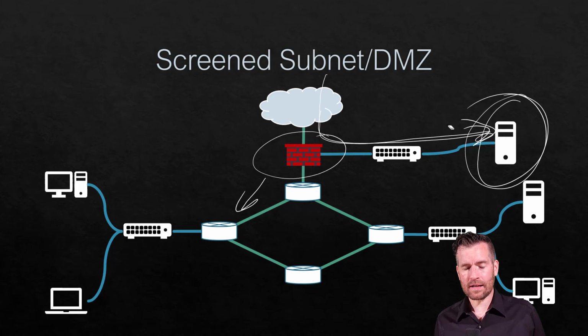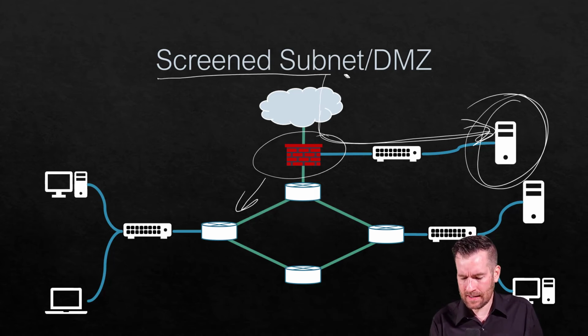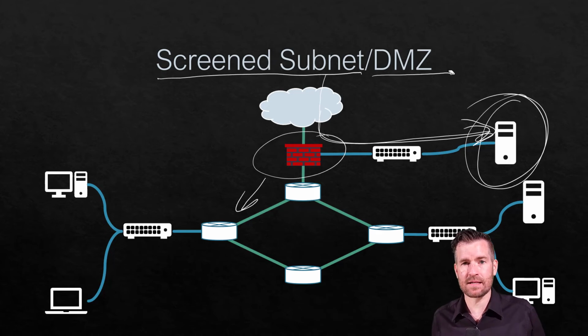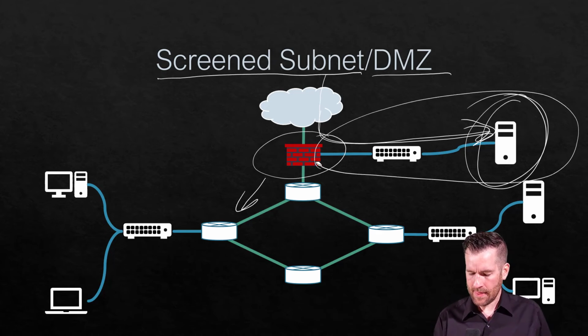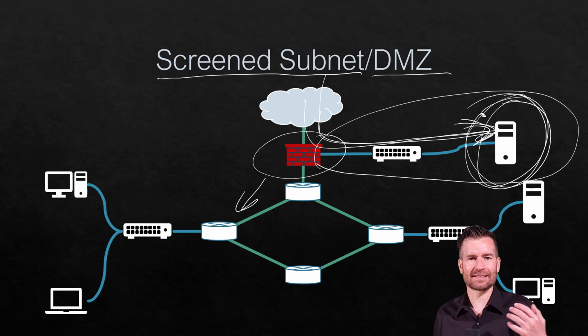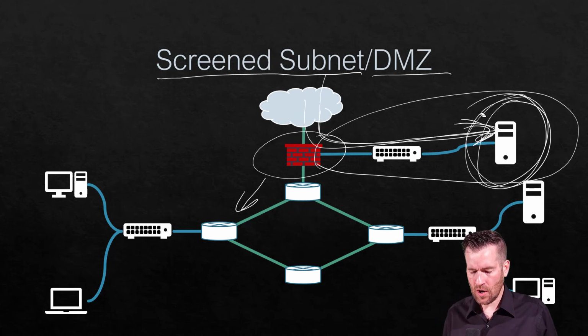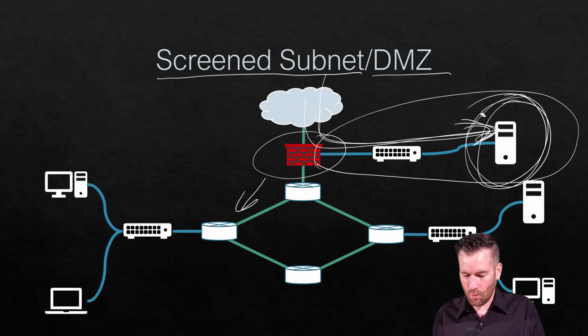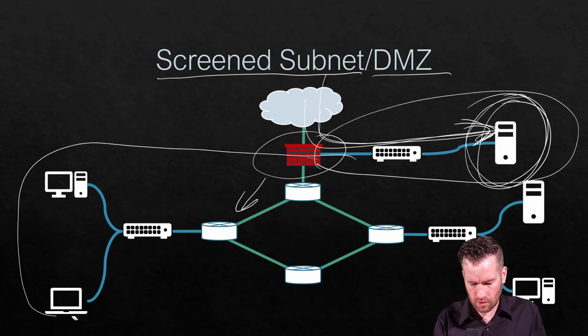And so what we can do is we can set up a screened subnet or a demilitarized zone. So a DMZ or screened subnet is a separate network off to the side that we're going to allow a little bit of traffic into so that outside users can access the resources that we want them to access. So now what's nice about this is then we never have to poke any holes or do anything to our internal network.